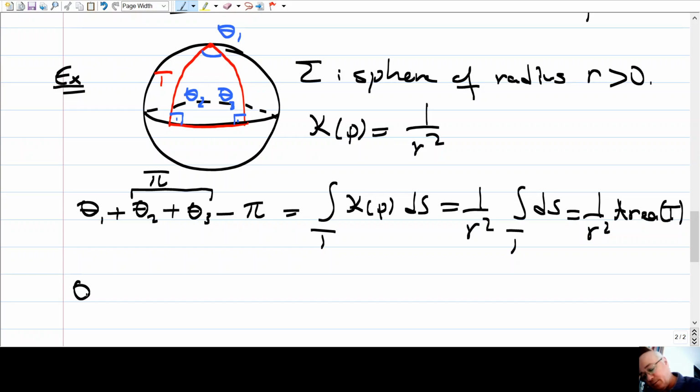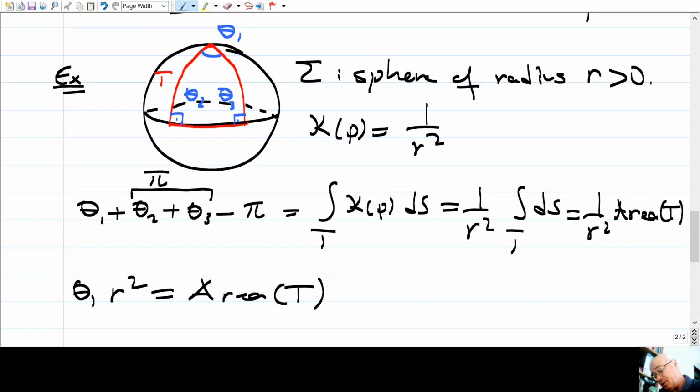So what we see is that theta 1 times r squared is equal to the area of T. This is a very nice result. If you have a sphere of radius r, and a geodesic triangle like this, then you can find its area by just computing the angles. And in this special case, if these two angles are 90 degrees, then the area is just given by r squared times theta 1.